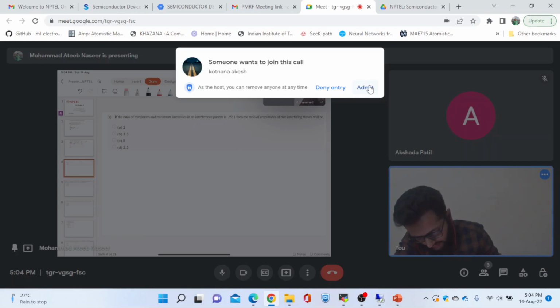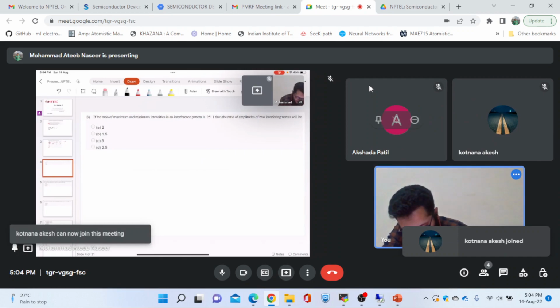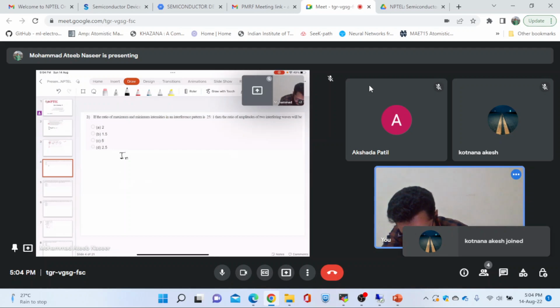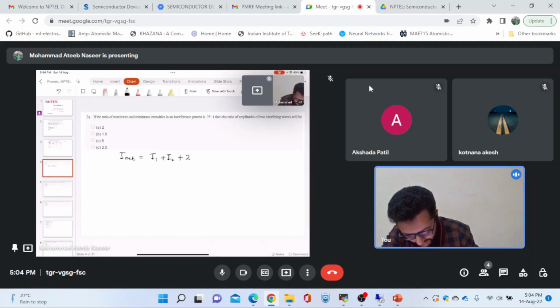So we know, as taught by the professor in lecture, the net intensity is given simply by the individual intensities summed with a phase factor cos of phi. But we also know that this intensity is directly proportional to the amplitude square.